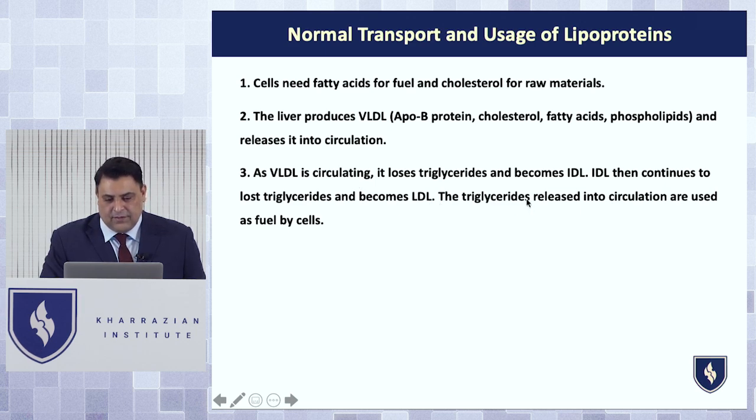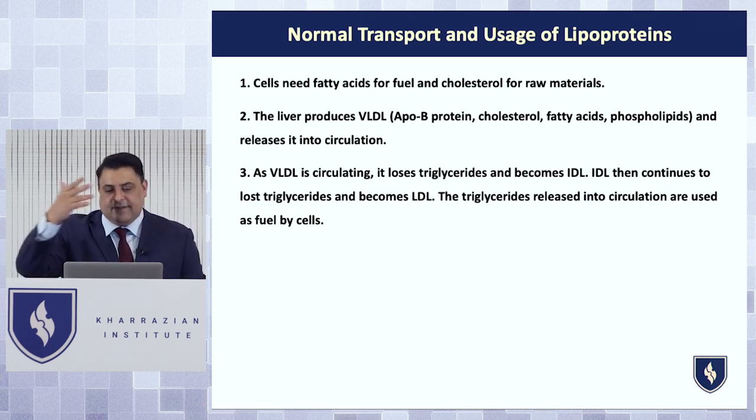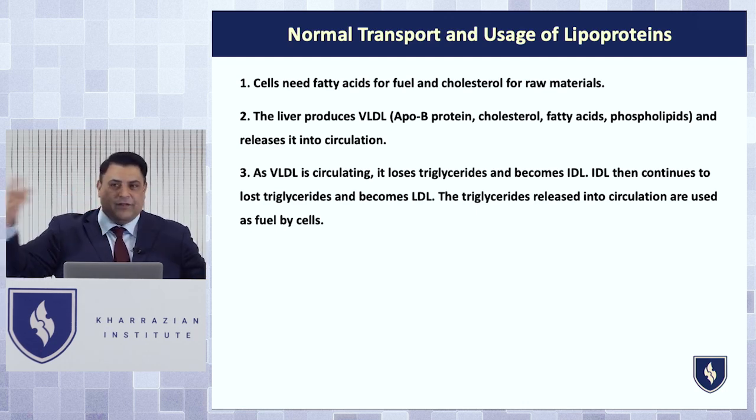And the triglycerides are released into circulation and used for fuel, or the fatty acids are released, right? Or the phospholipids are released. So think of the liver, think of this apoprotein B as like a transporter. And the liver is putting all these phospholipids and fatty acids on top of it, and then it's going to release it. And think of it like a car going down the pathway, being this ApoB protein, and all the things are starting to fall off.